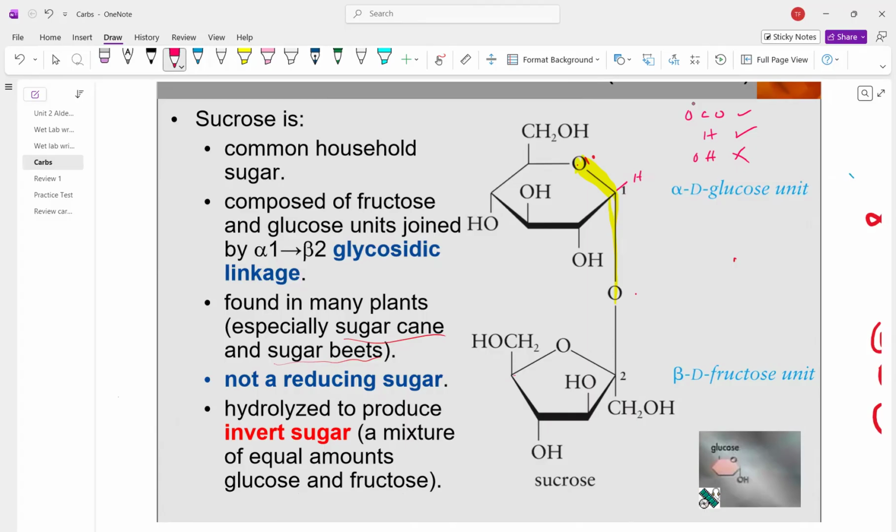So no OH. That means it's not a hemi. So this is going to be a full acetal. Okay. The other side where it's linking up to is another anomeric carbon. Remember, anomeric carbons are always on the right. So we've got the OH down here is going up.